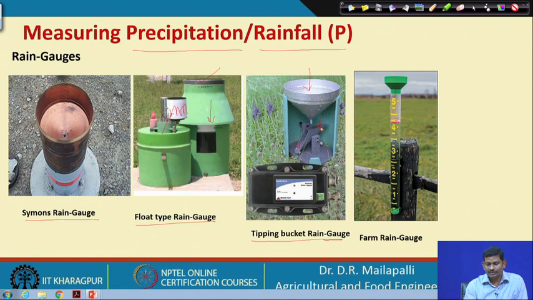Once it is filled, it goes down because of the weight, and it tips the water which is filled there. This is calibrated, so one tip contains a certain volume of water, and the number of tips will give the total amount of water. It will give either rate or cumulative.